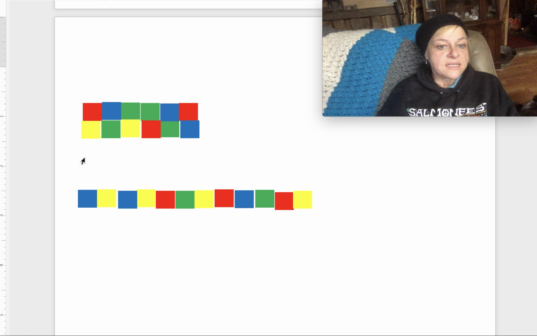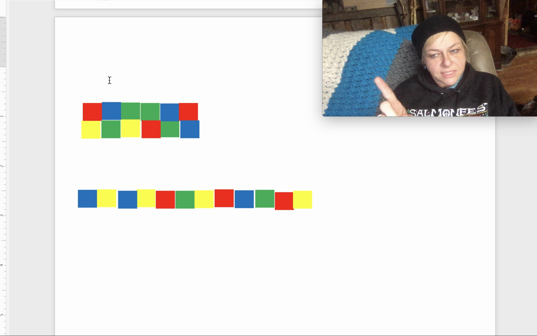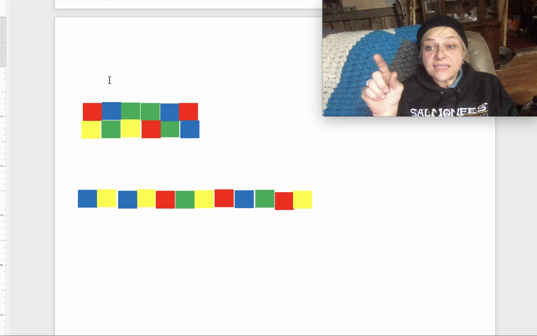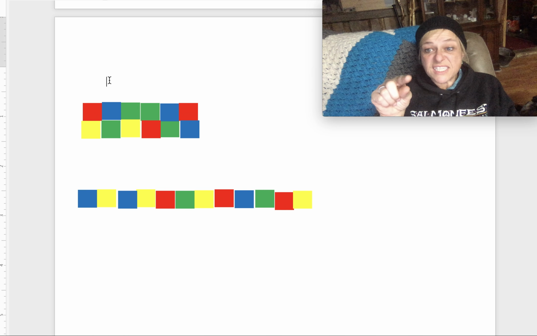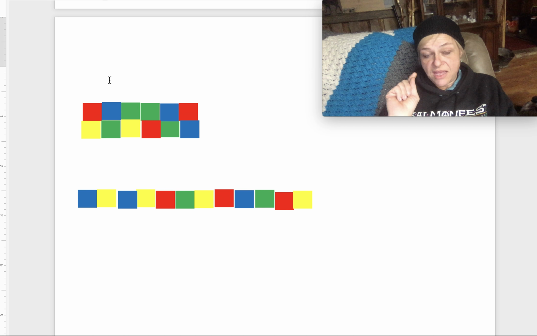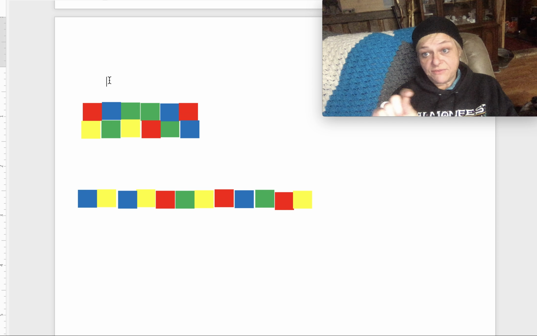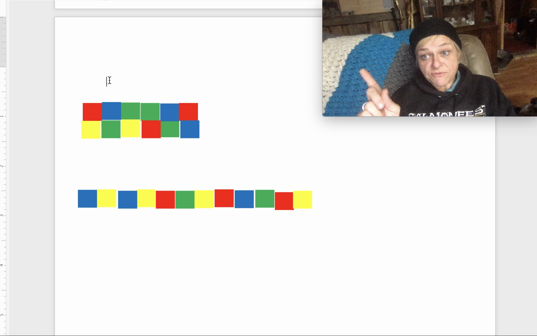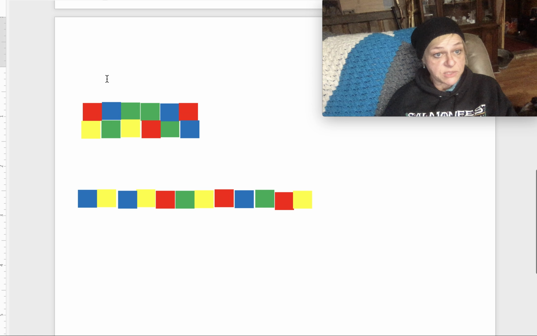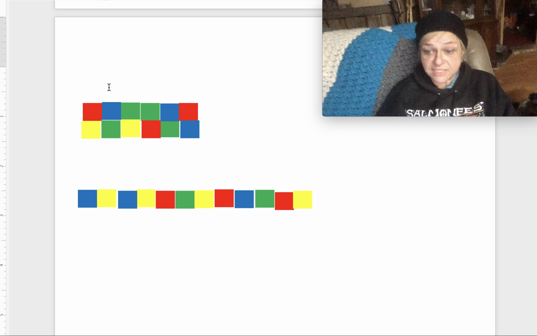So here we go. Who remembers, let's think about this. Area is a measurement of what's inside of a shape, and perimeter is a measurement of what's outside of a shape. So let's not forget that. Those are two important things to remember as we move forward in this investigation.